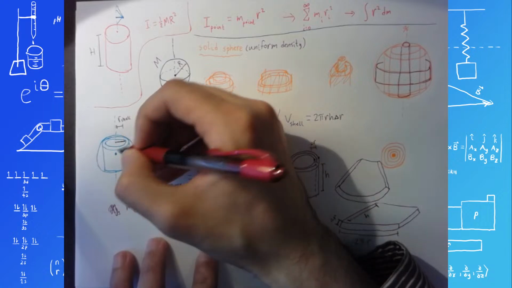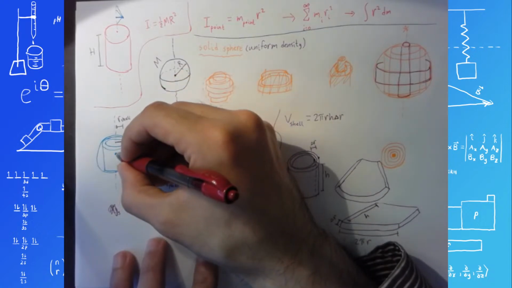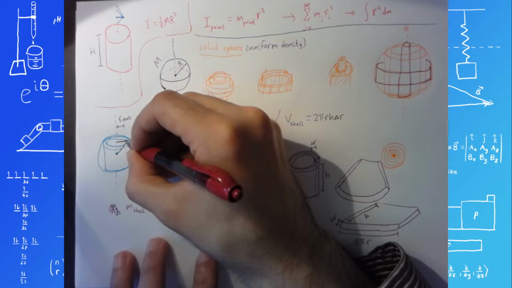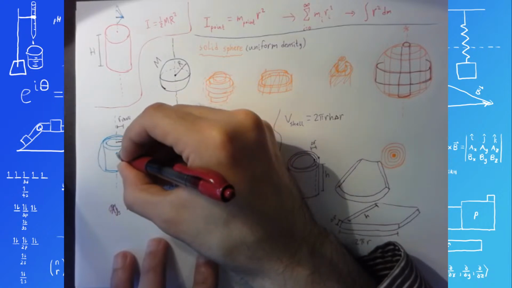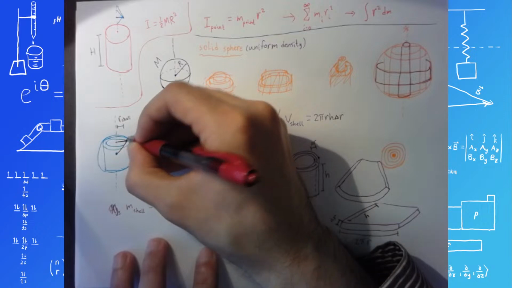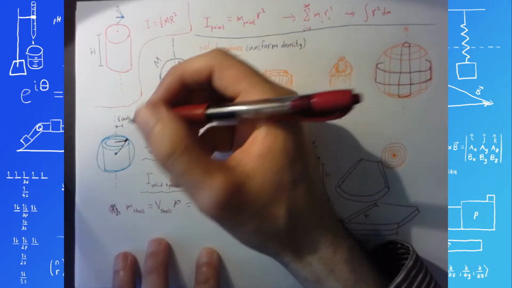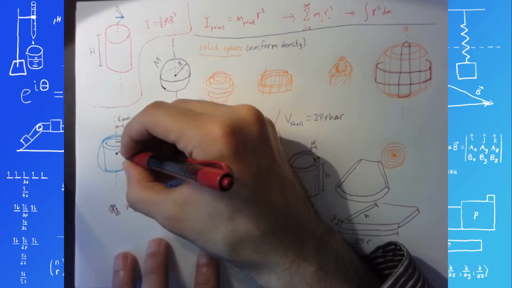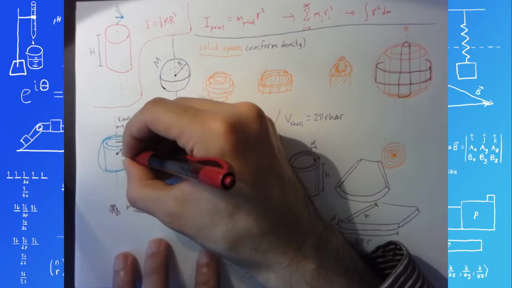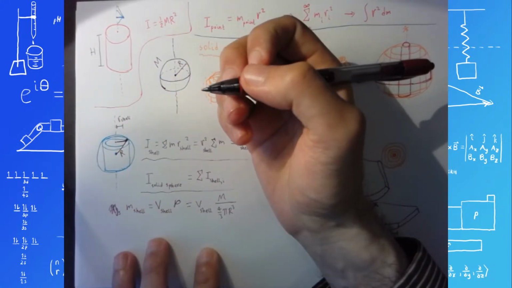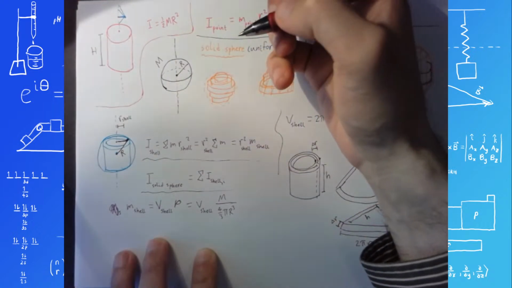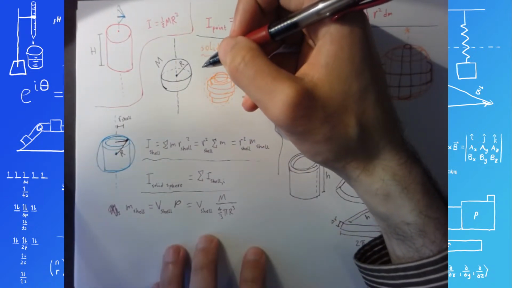And then what I want to do is draw a line right there from the center of the sphere to basically the corner of the shell. And that's just going to be a constant value for all of the shells. It's going to be just capital R, the original radius of the full sphere.